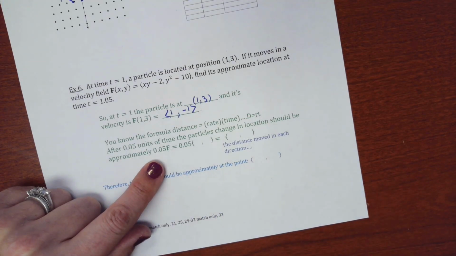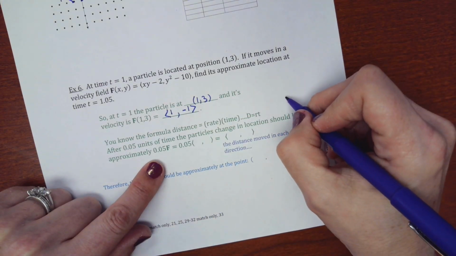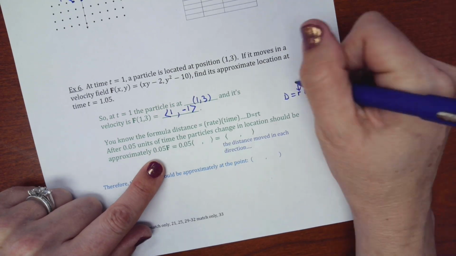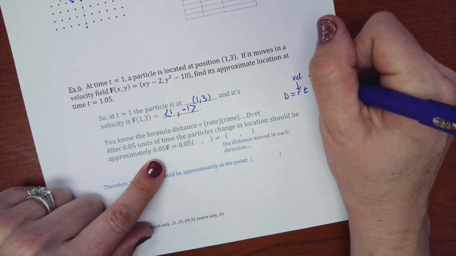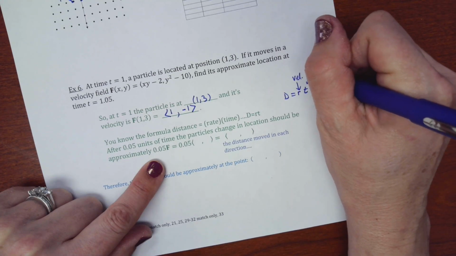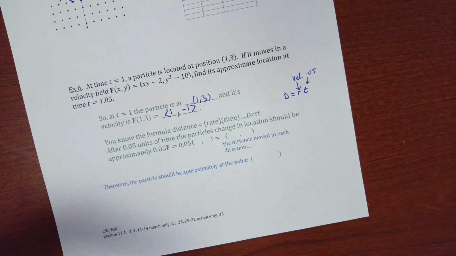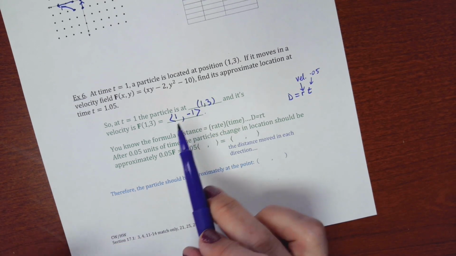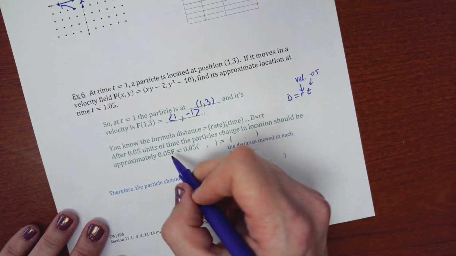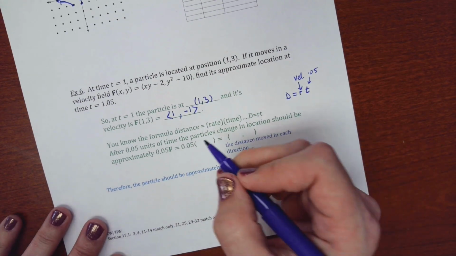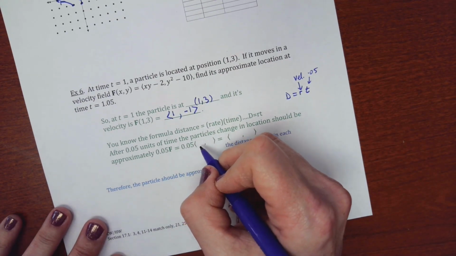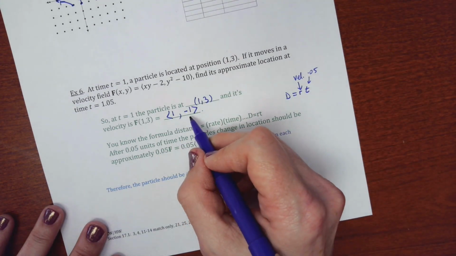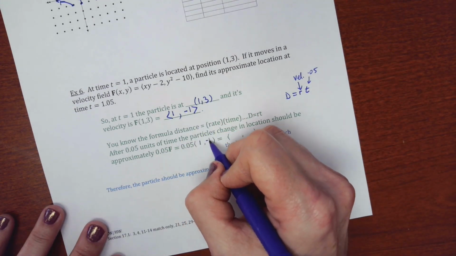Because basically, distance equals your rate times your time. Your rate is your velocity, and your time is 0.05. We're trying to see how much it moved, because it's going in this direction, starting at 1, 3. So we have 0.05 times f, and f of 1, 3 is 1, negative 1.